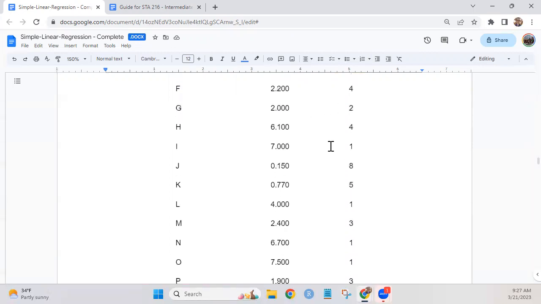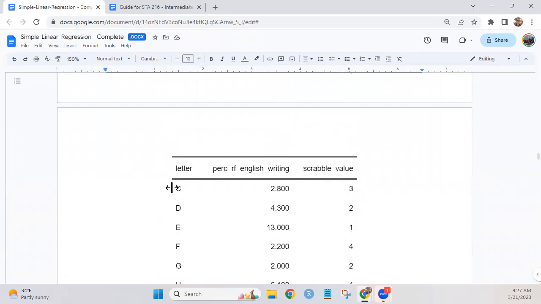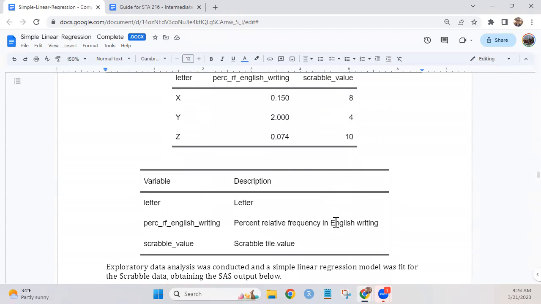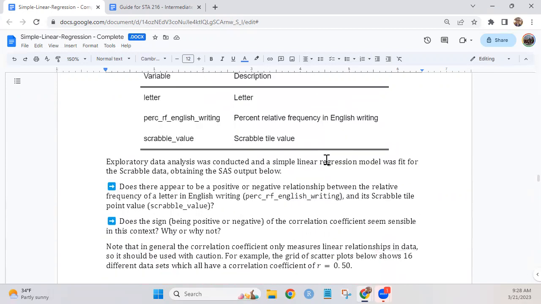So the idea is we can use linear regression to describe this relationship between how often the letter shows up in the English language and its Scrabble value. Okay. Two quantitative variables, so we can use linear regression. Yeah, and Z is worth a lot because it's not very commonly showing up in words, right?